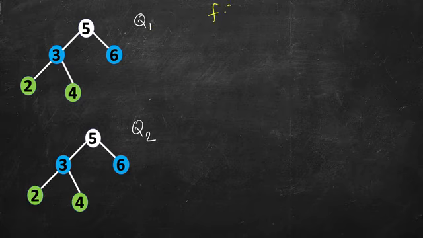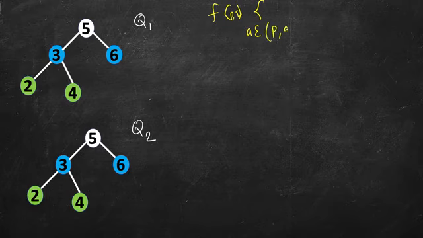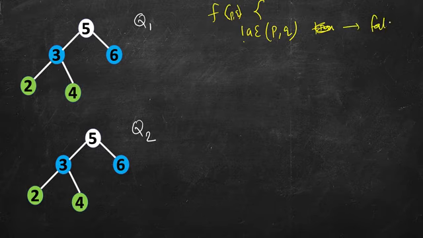In this function we pass P and Q. If P and Q are not equal, then we don't need to proceed further, we return false. So this function will end here itself at the root level.